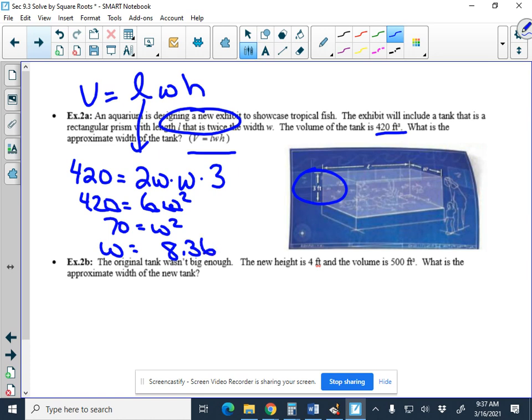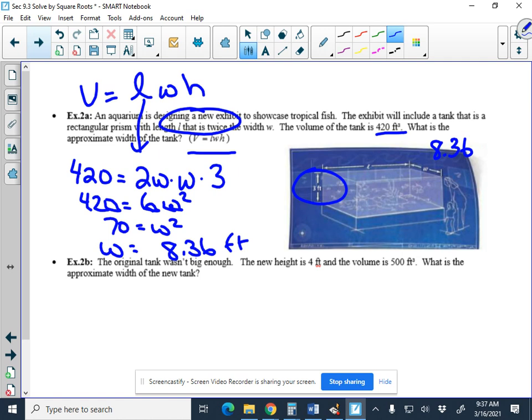Now, you say, wait a minute, when I take a square root, it can be positive or it can be negative. But here's the question. Sometimes it can't be. Can I make the width a negative value? A negative width doesn't make any sense. So the width is 8.36 feet.